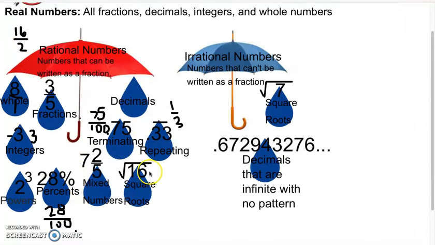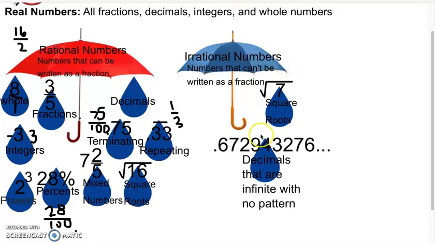And so it puts us in this category because it creates a whole number which can be written as a fraction. Okay? So all of these numbers are under the category of rational numbers because they can be written as a fraction. Now over in this other category, these are irrational numbers.